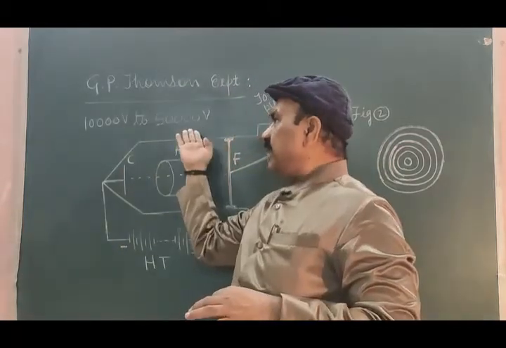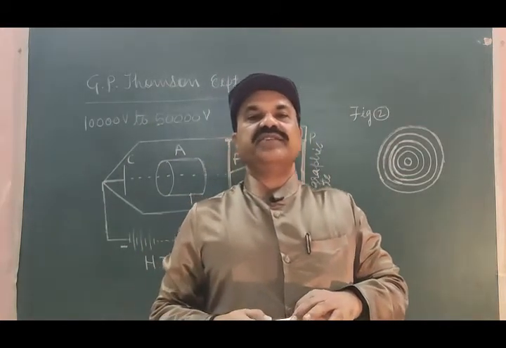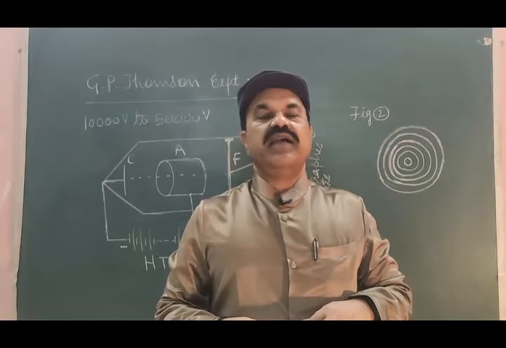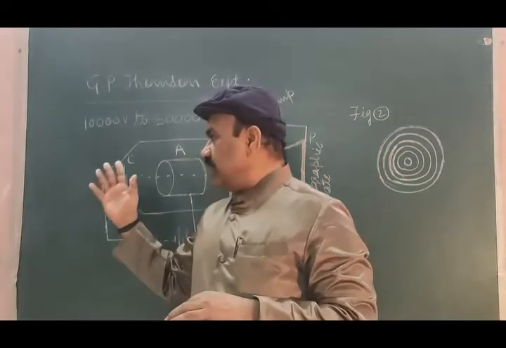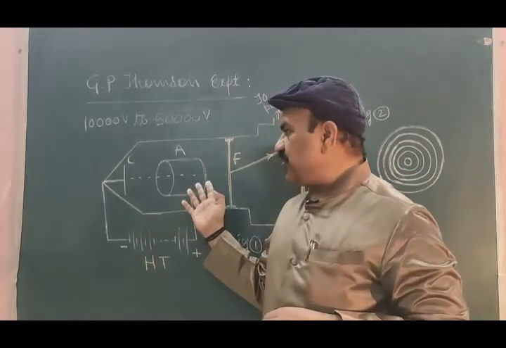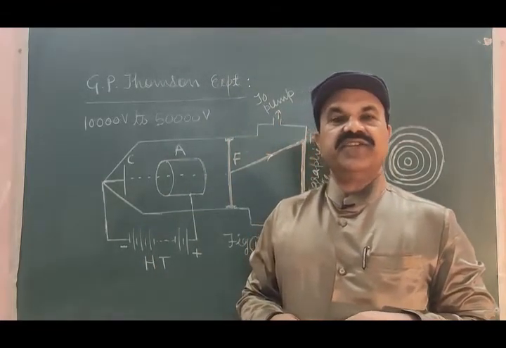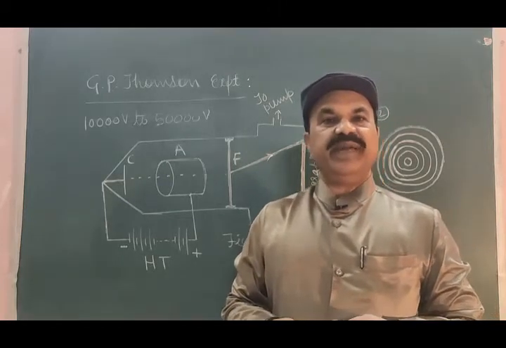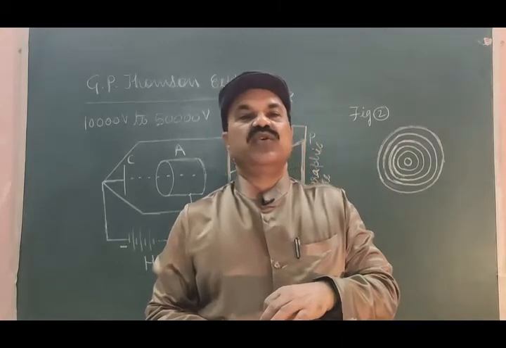And when we supply about 50,000 volt to an electron, its energy will be increased by 50,000 electron volt. So, Thomson used such an experimental arrangement that the energy of the electron may be increased up to 50,000 electron volt.